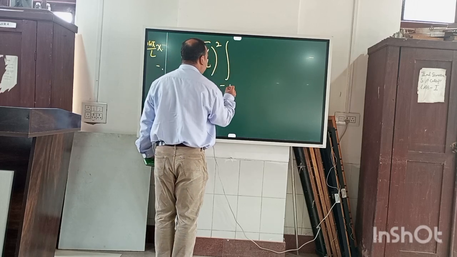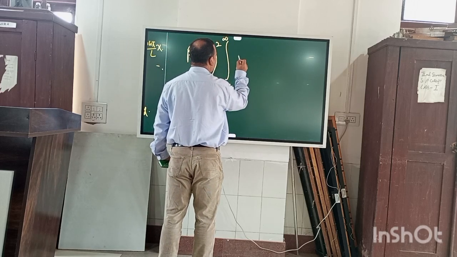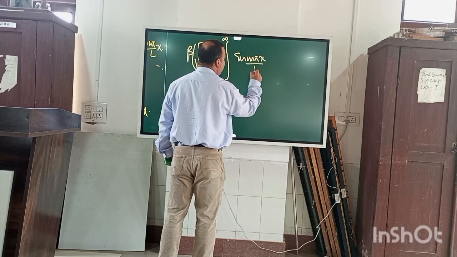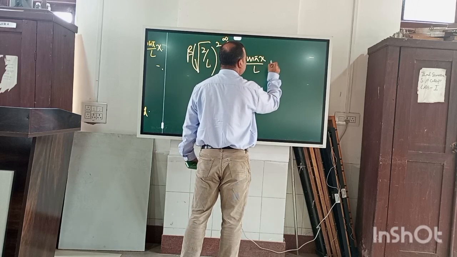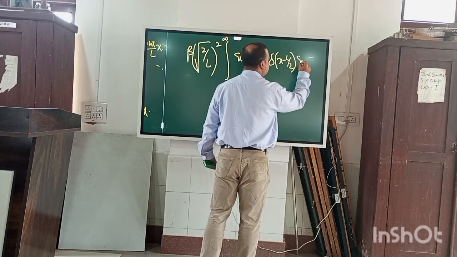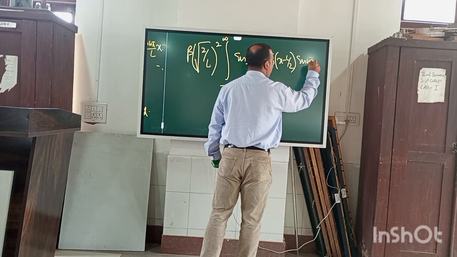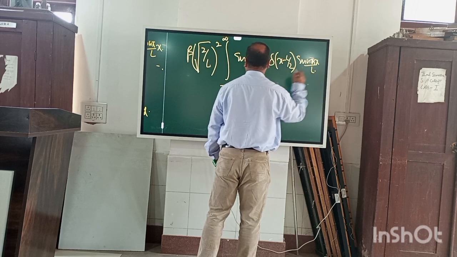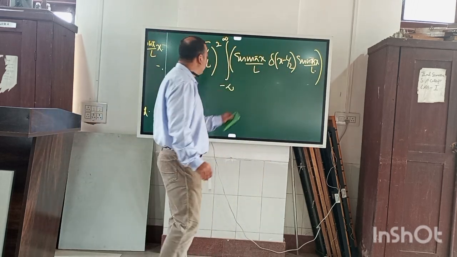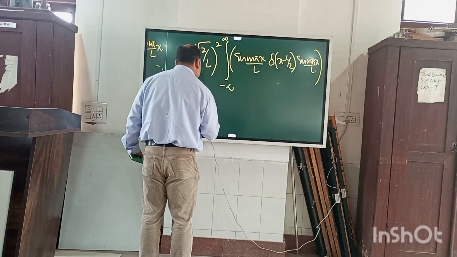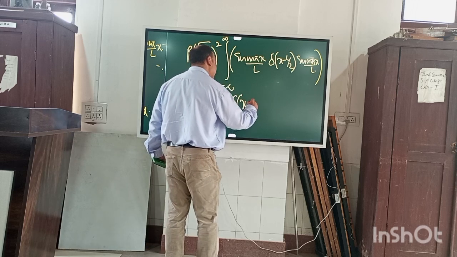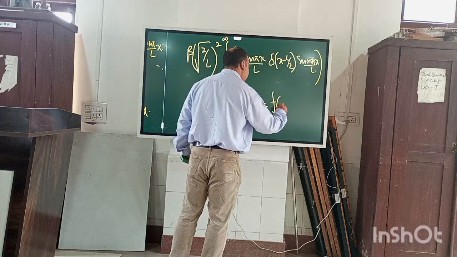Inside we are left with the integral of sine of m pi x by L, delta of x minus L by 2, and sine of n pi x by L dx. We use the property of the delta function: the integral from minus infinity to infinity of f of x and delta of x minus a is equal to f of a.